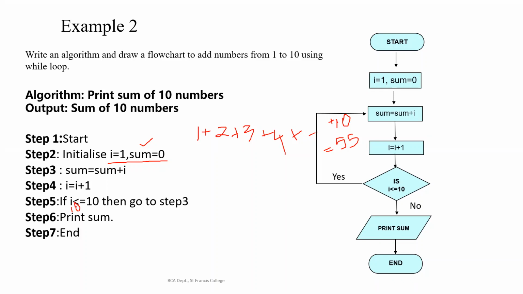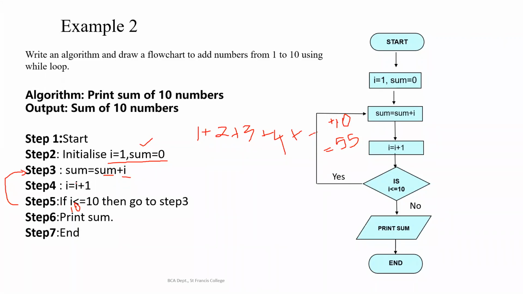So 10 is not less than 10. Then we will be checking whether 10 is equal to 10. That case also, it will be going to step 3, right? After that, it will again add to the current value of sum. It will be adding the value of I. Value of I in the last step will be 10, right?